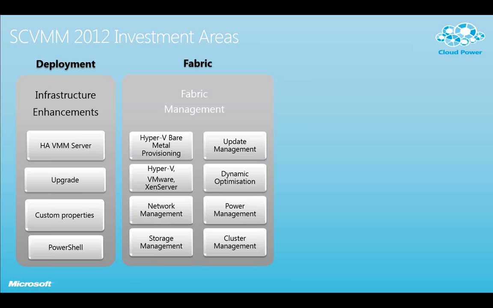But by far and away the thing that's changed the most, and this is also reinforced by Service Pack 1, is the change to fabric management. Previously, with Server 2008 and Virtual Machine Manager 2010, you were basically managing nothing more than your physical host and your virtual machines.